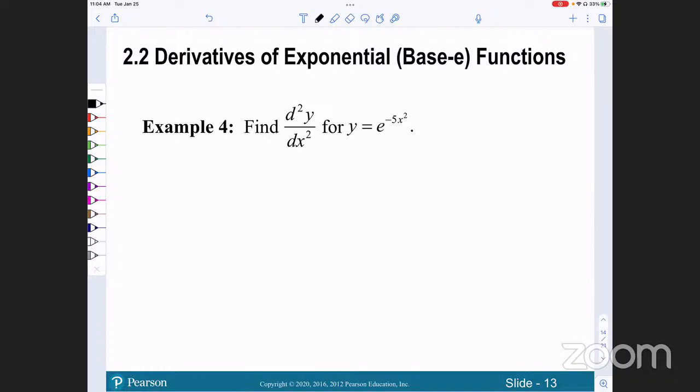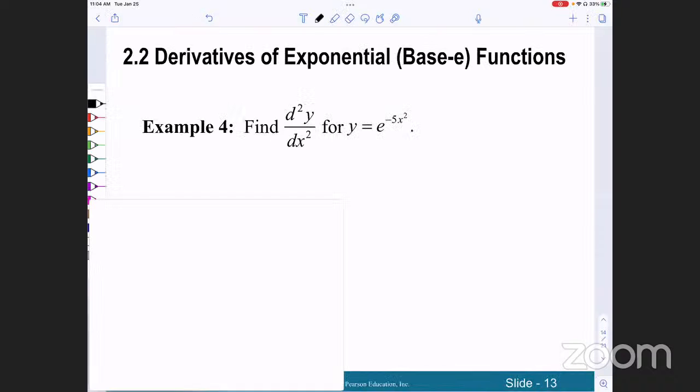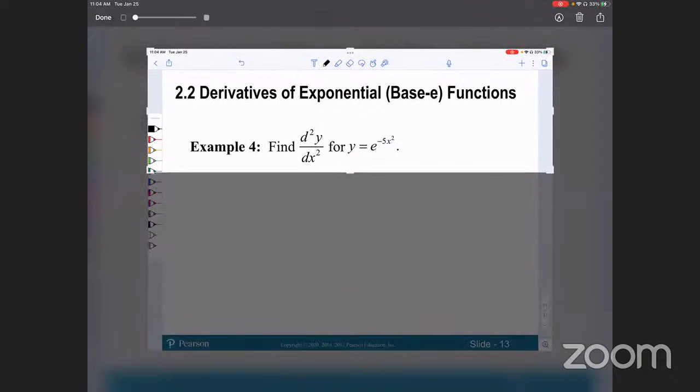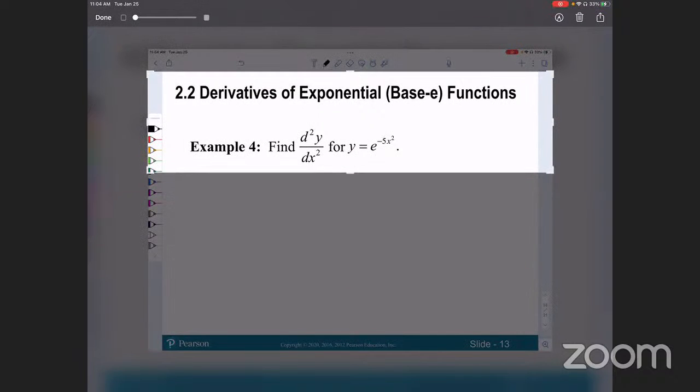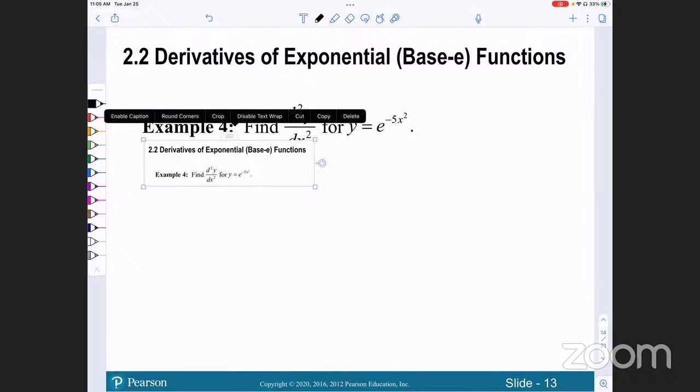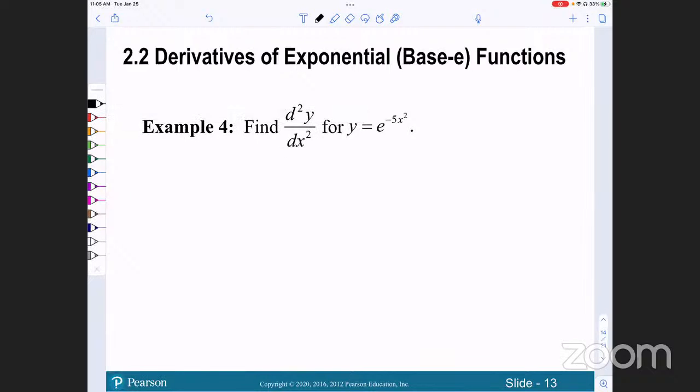One other thing I can do. Let me see if this is a little bit better. It's a little bit more work. Actually. Let's cut that.